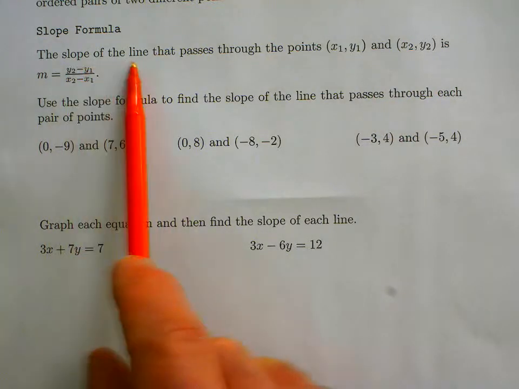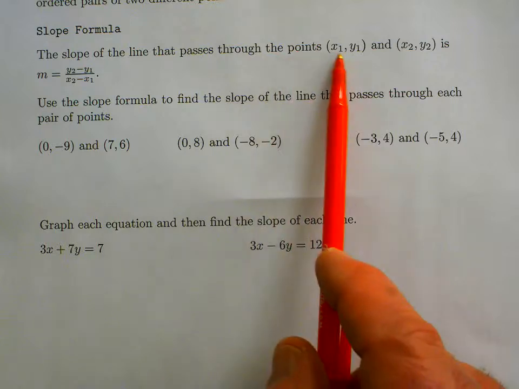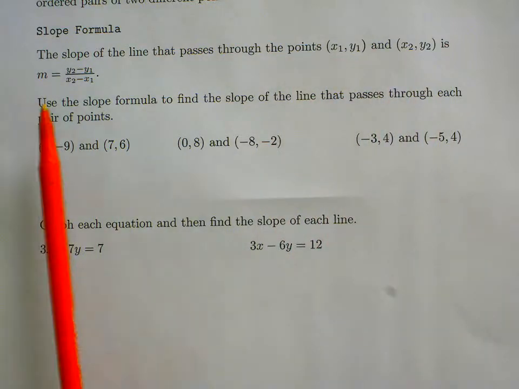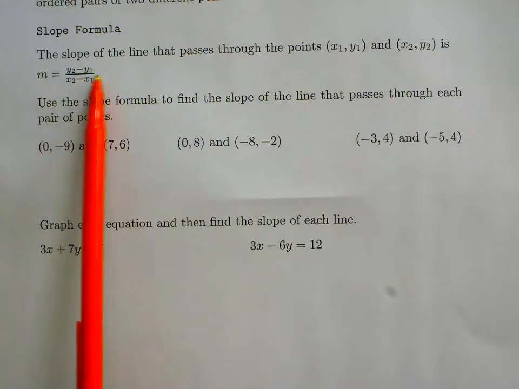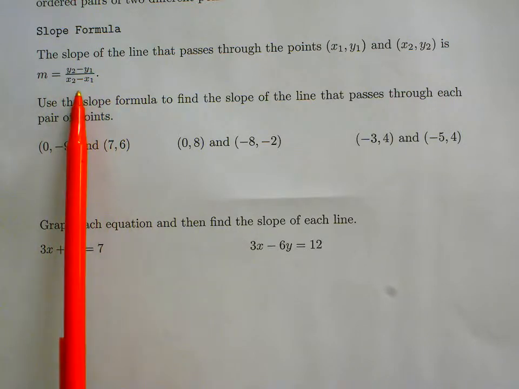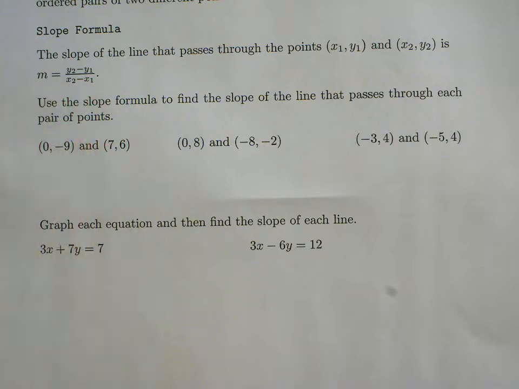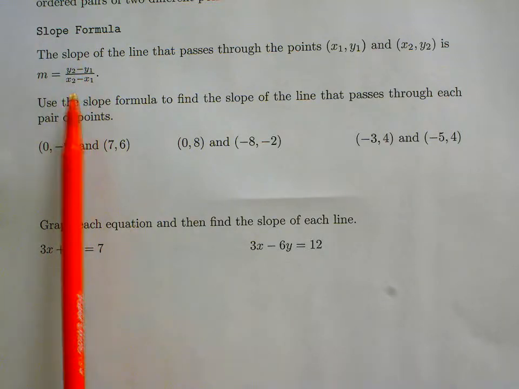The slope of the line that passes through the points x1, y1 and x2, y2 is m equals, in the numerator, y2 minus y1, and then over, in the denominator, x2 minus x1. So this satisfies the rise over run definition.